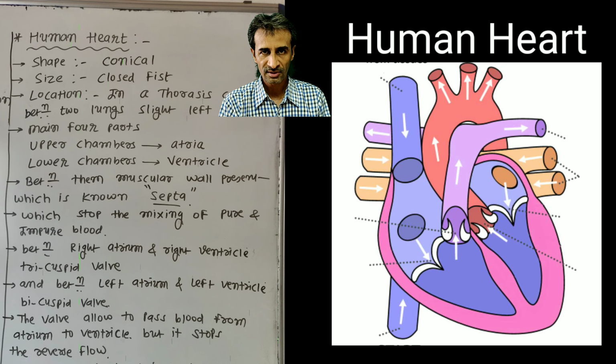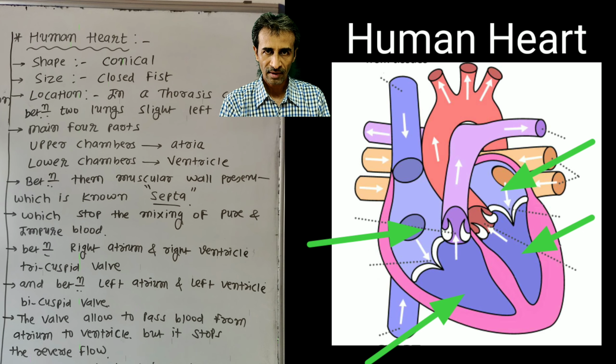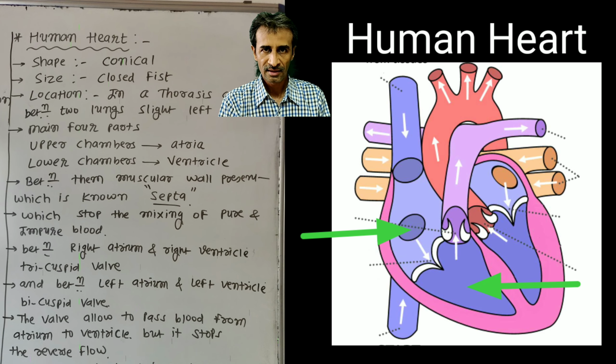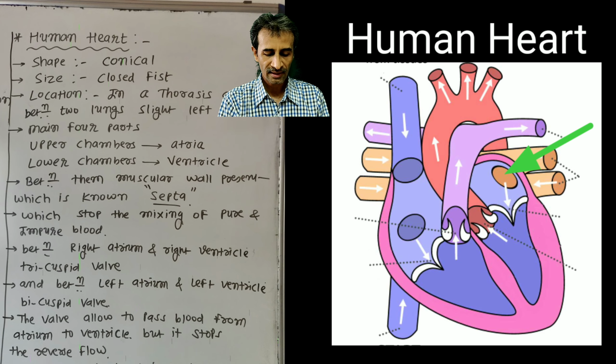Now all the four chambers are separated by a muscular wall named septa to stop the mixing of the impure and the pure blood. Between the right atrium and the right ventricle there is a tricuspid valve, and between the left atrium and the left ventricle there is a bicuspid valve.